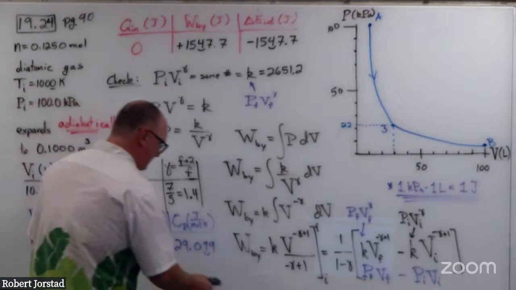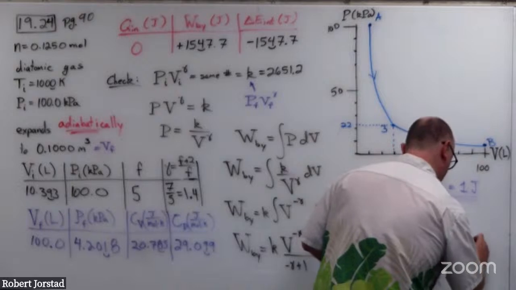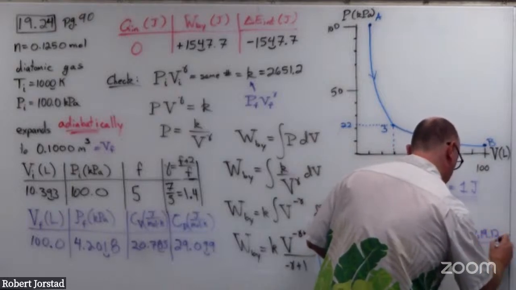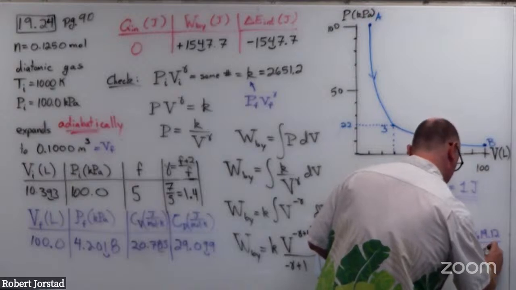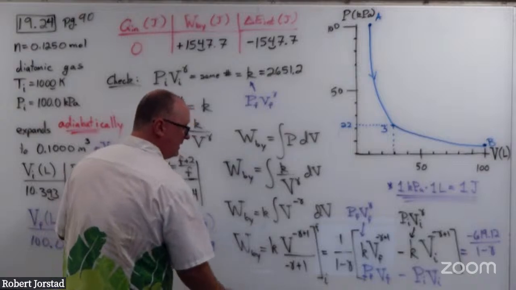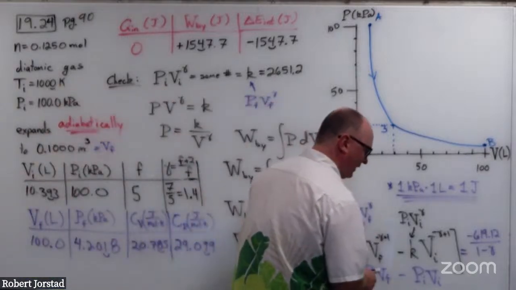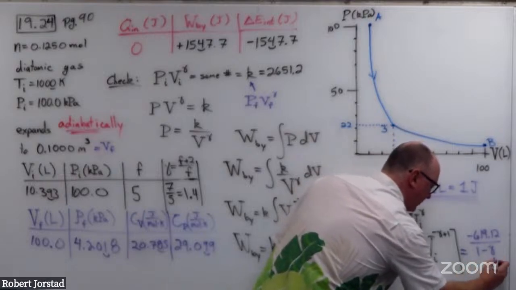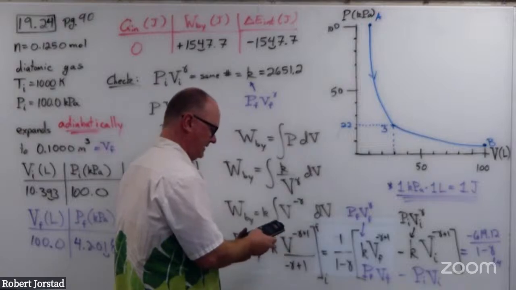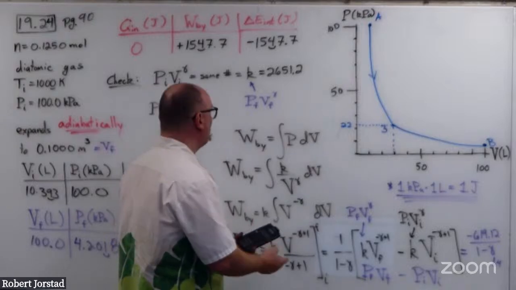So I get negative 619.12. Over 1 minus gamma. Well, 1 minus gamma, that's just negative 0.4, because this is 1.4. So then when I punch that in, I just divide that by negative 0.4, and I get back this result.